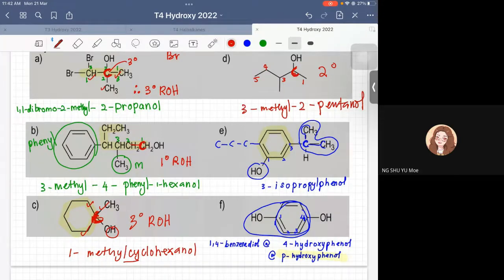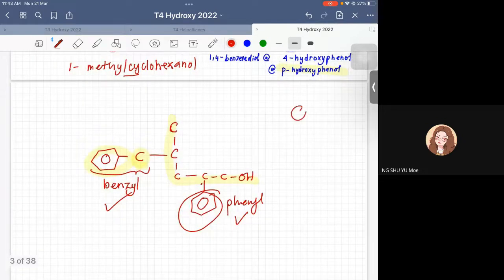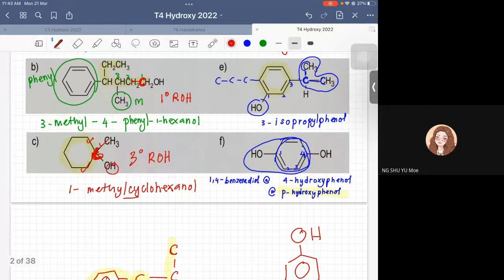Lagi soalan? Dan itu, 1F boleh tak tulis 1,4-diphenol? Tak boleh. Okay. Phenol tu adalah OH bergabung dengan benzene. So ini phenol. So kalau kita pilih 4-hydroxyphenol, that means we choose this one as a parent.